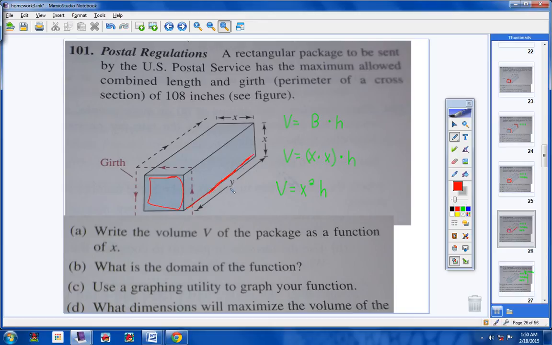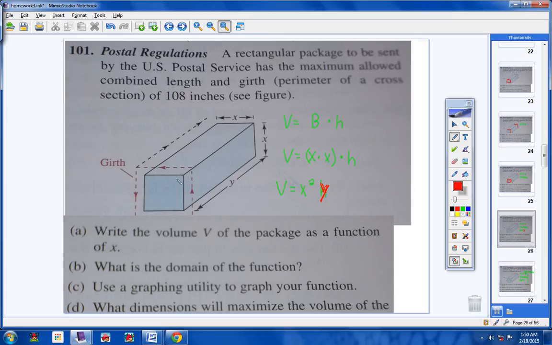That's the same thing as y. Look at it, guys. That's the same thing as y. So really, I want to get rid of the h. H here is the same thing as what? Y. I can come up with a formula that has x and y in it because of this girth and the combined length right here.